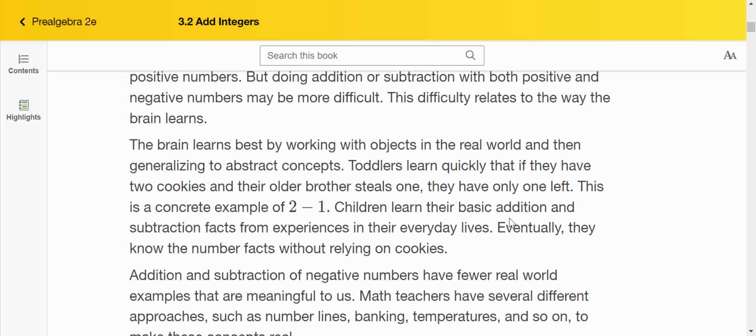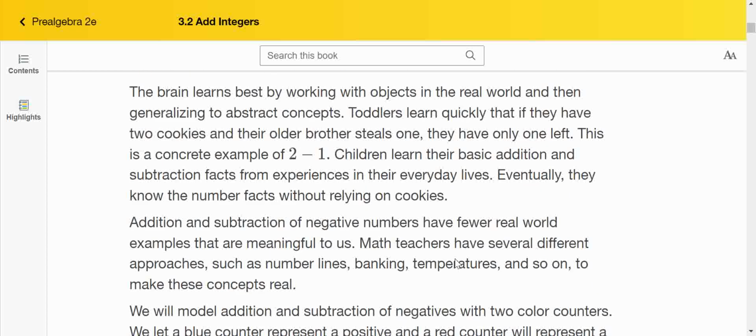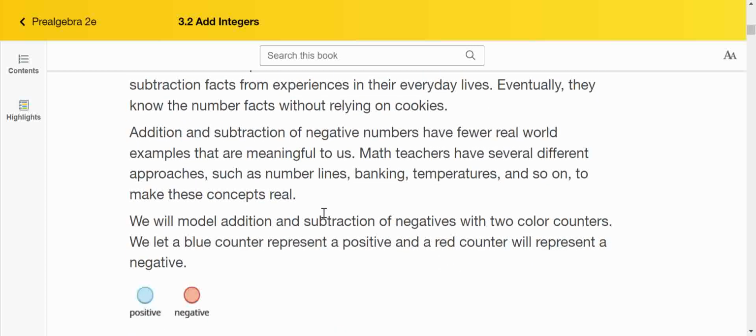Children learn their basic addition and subtraction facts from experiences in their everyday lives. Eventually, they know the number facts without relying on cookies. Addition and subtraction of negative numbers have fewer real-world examples that are meaningful to us. Math teachers have several different approaches such as number lines, banking, temperatures, and so on to make these concepts real.